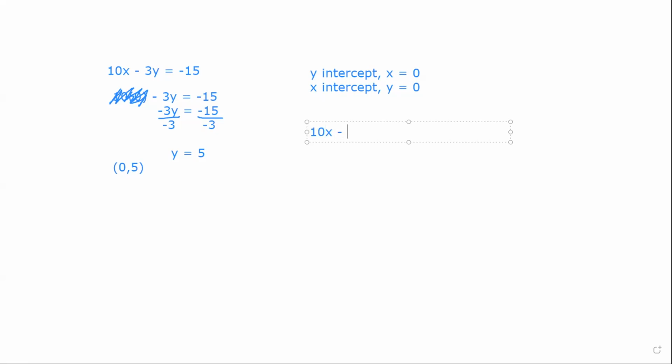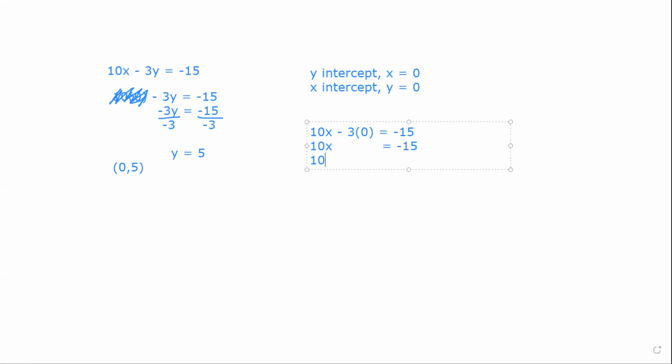Put the x back in there, minus 3. Now this one is times 0 equals negative 15. Same thing here. Ignore that negative 3 times 0. We got 10x equals negative 15.